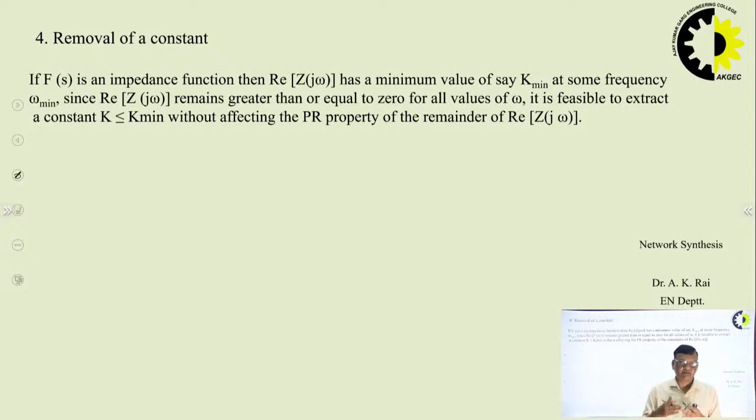Suppose the degrees m and n are the same and we divide. We get some constant, but the remainder becomes negative. It means we are disturbing the PR property. So, keeping in mind not disturbing the PR property, we carry out the fourth one.